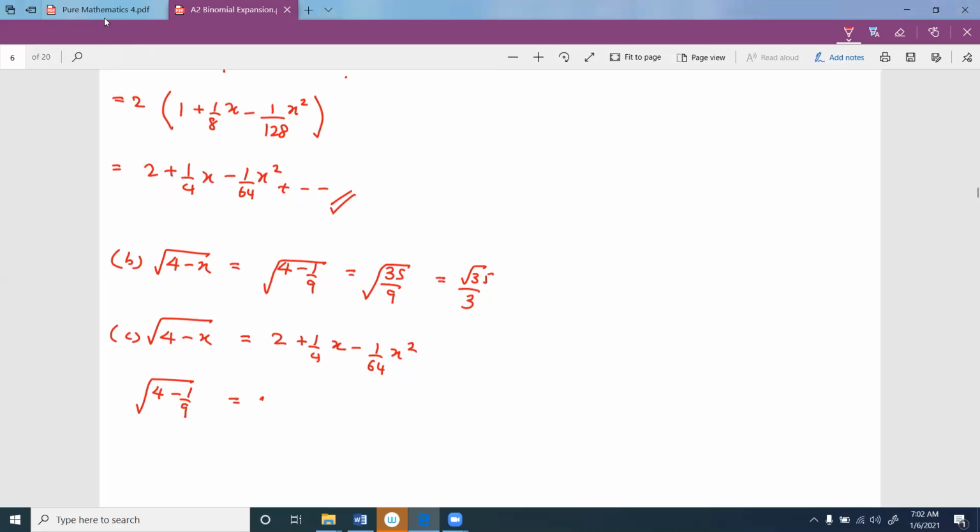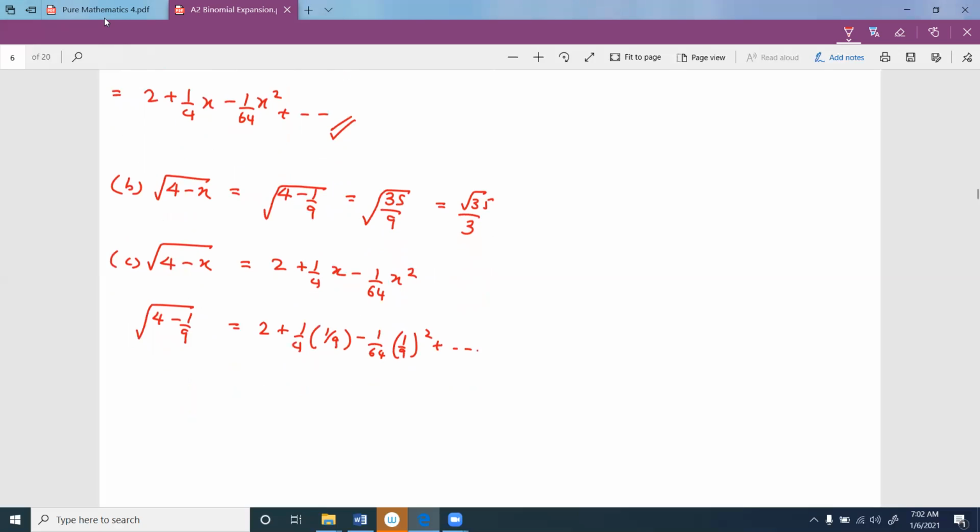The square root equals 2 plus 1 over 4 times 1 over 9 minus 1 over 64 times 1 over 9 whole thing squared. Then at this substitution, root 35 over 3 equals, if you operate this part, 2 plus 1 over 4 times 1 over 9, that is 1 over 36, minus 1 over 64 times 1 over 81.